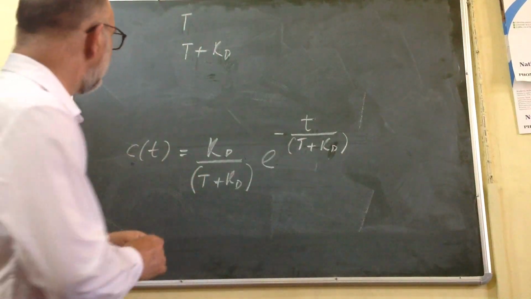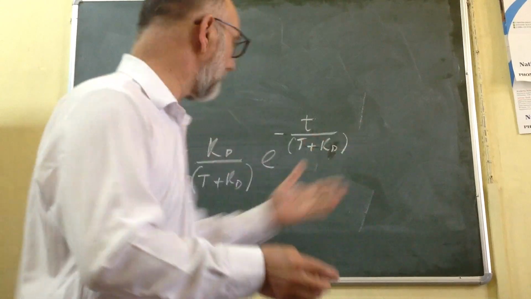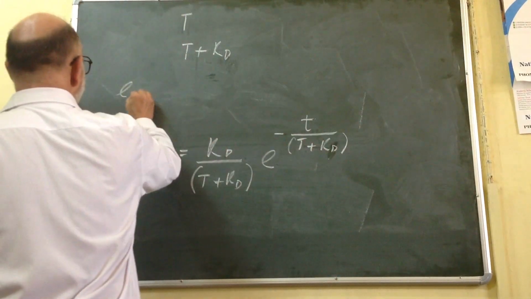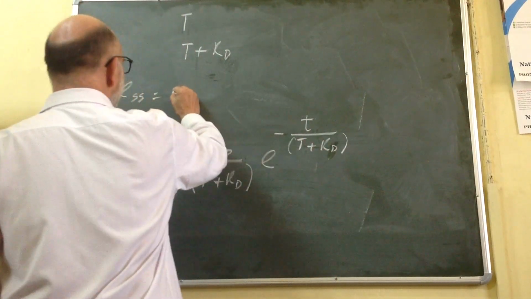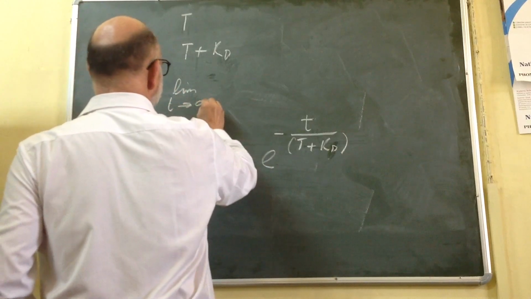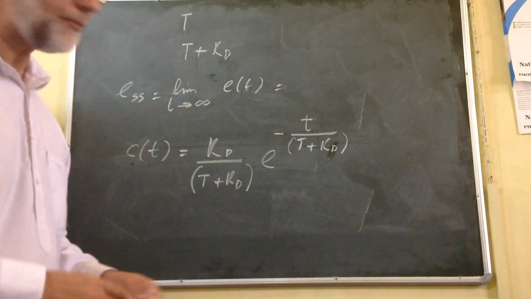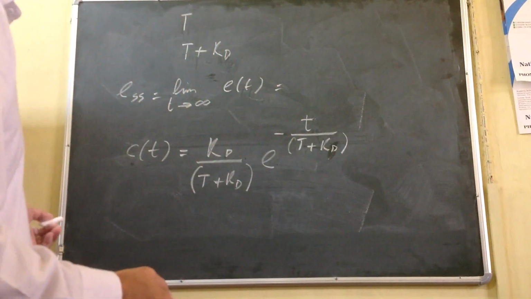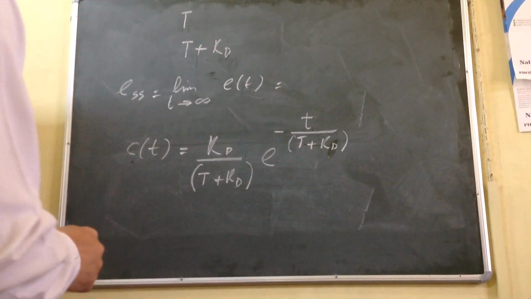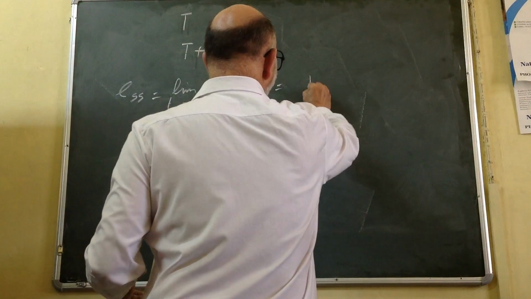The other implication is that the steady state error in this case is quite large. If you evaluate the steady state error, which is essentially the limit of t tends to infinity of e of t, you can carry out the algebraic manipulations, but you will see that the steady state error in this case will turn out to be 1.